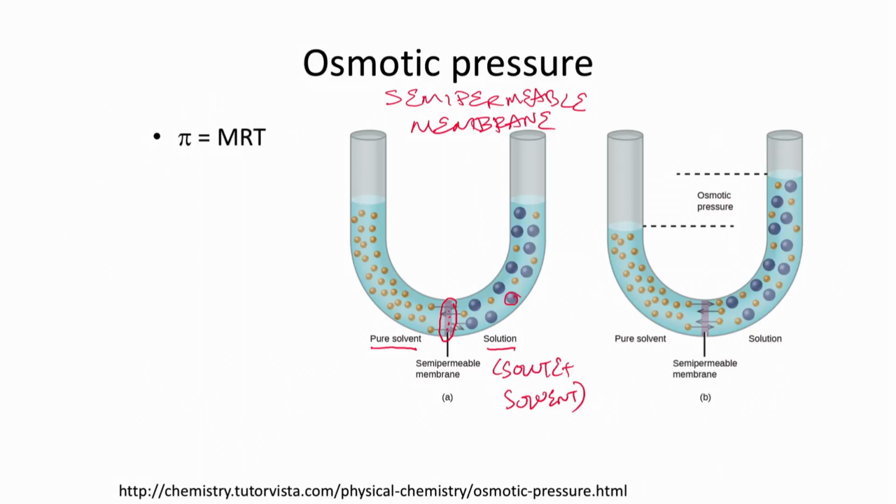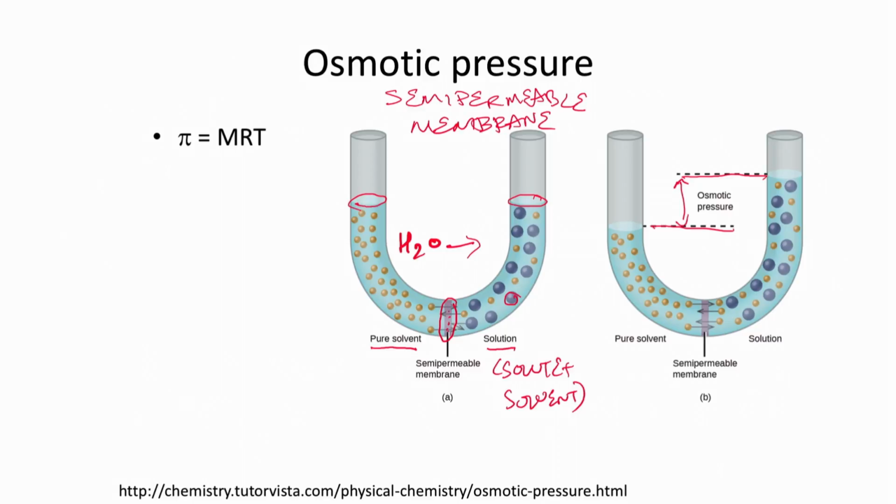Even if the liquid levels start out the same on both sides, eventually there's going to be a difference in pressure, called the osmotic pressure, because the water molecules can move, in this case from left to right, but the big solute molecules can't go anywhere.